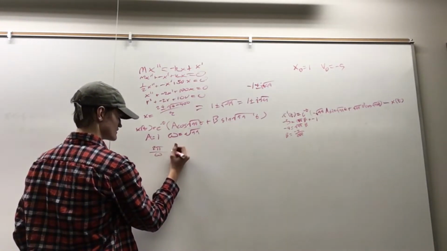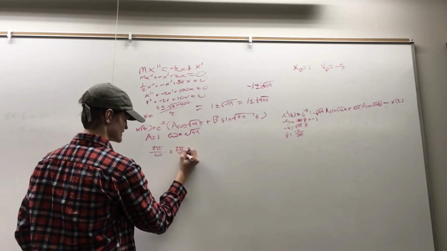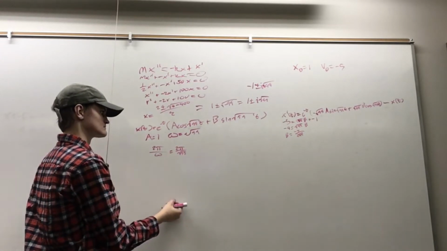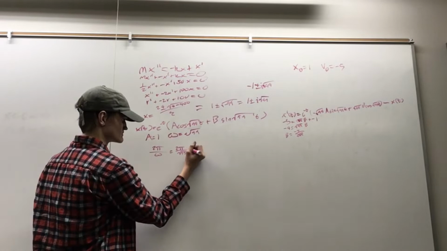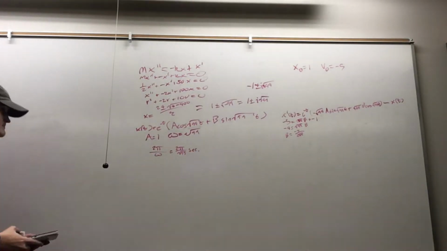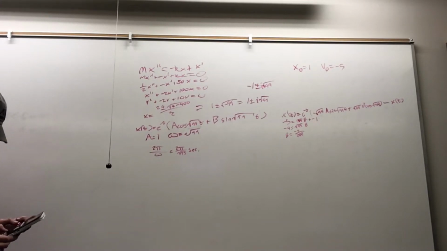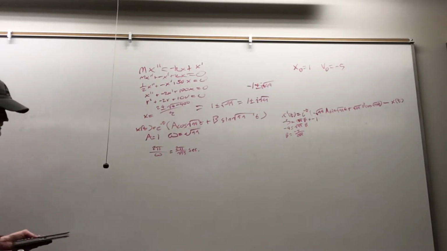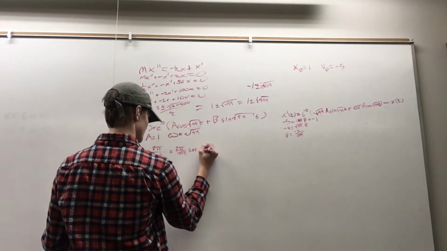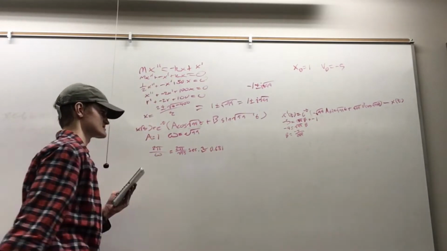So equals 2 pi over square root of 99 seconds, or about 0.631 seconds.